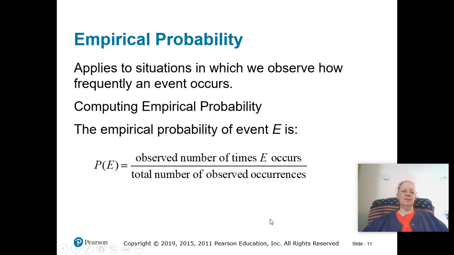On the other hand, empirical probability has to do with what actually occurs as opposed to what should occur. So the number of times it's observed as opposed to the theoretical probability. For example, let's say I toss a coin 10 times.